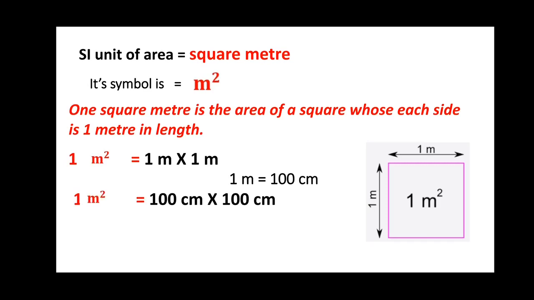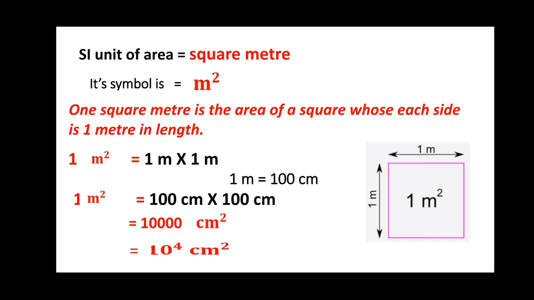That is, 1 meter square is equal to 10,000 centimeters square, that is same as 10 to the power of 4 centimeters square. Thus, we got 1 meter square is equal to 10,000 centimeters square or 10 to the power of 4 centimeters square.